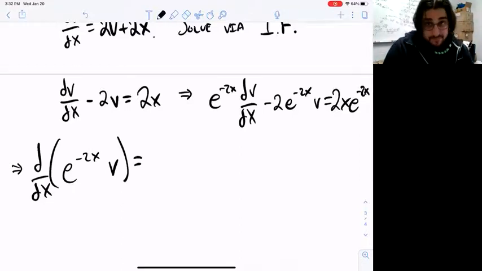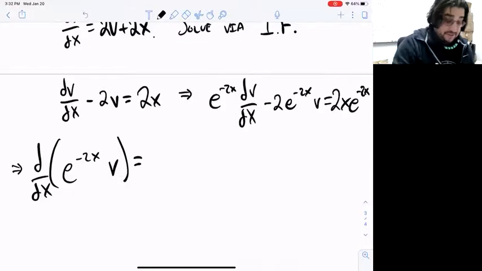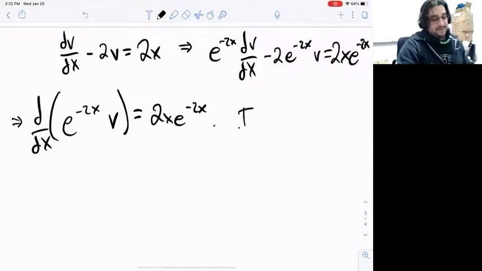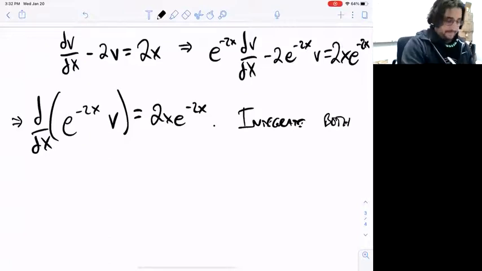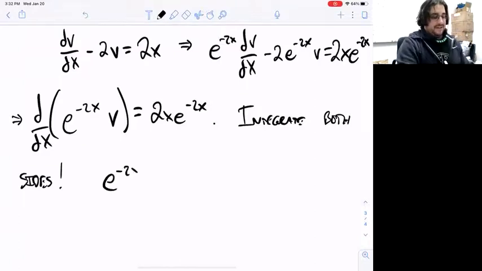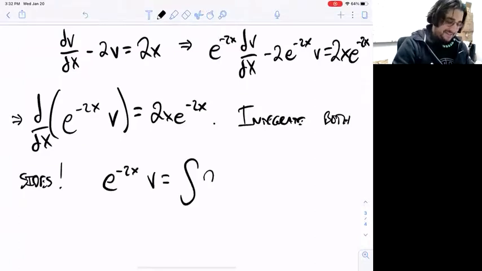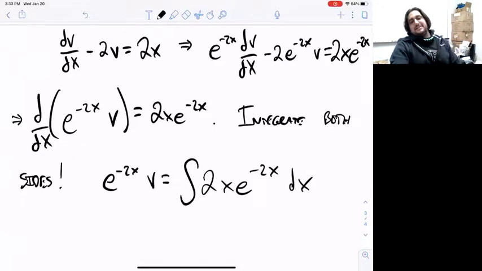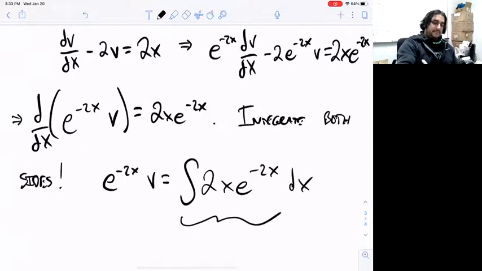Right, then we have on the right-hand side, it's just the same, right? It's 2x e to the minus 2x. Right. Now from here, you can actually integrate both sides. And notice you're going to need integration by parts, right? You have an x times e to a constant times x, right? This is going to use integration by parts.